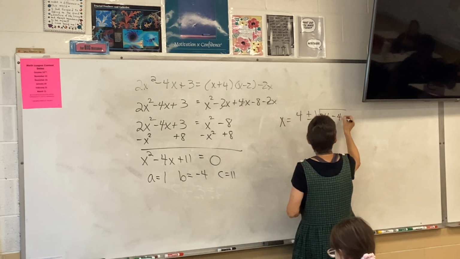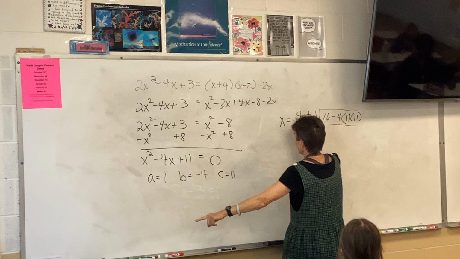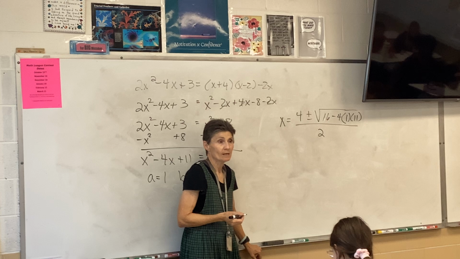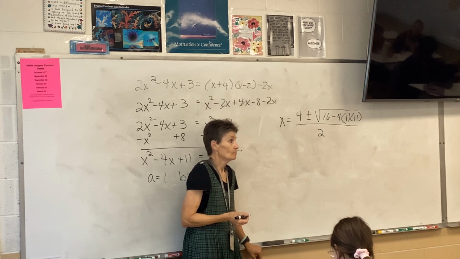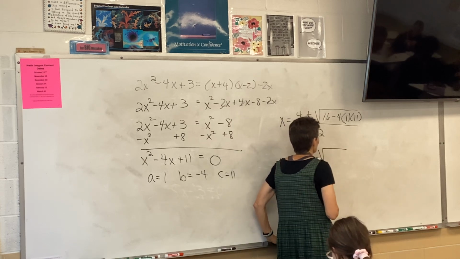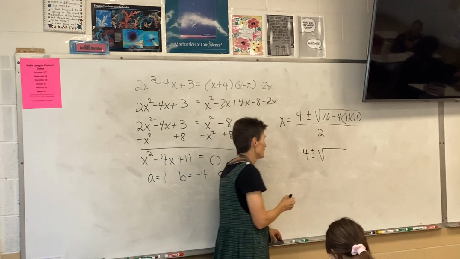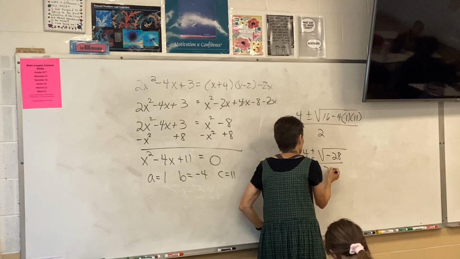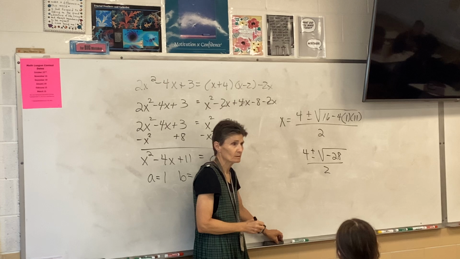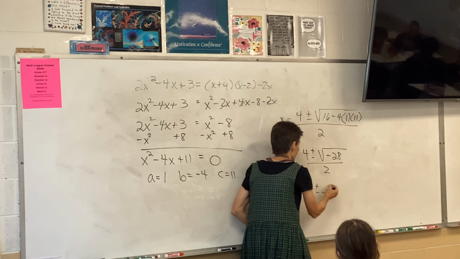B squared minus 4 times 1 times 11 all over 2. This one's going to be kind of bad news because we're going to get a negative, which is fine. It's going to have an i. So it's 16 minus 44, which is -28. Don't you even think about canceling. You can't until you simplify that radical. So first, let's pull out the i.